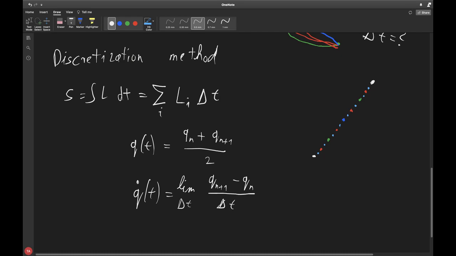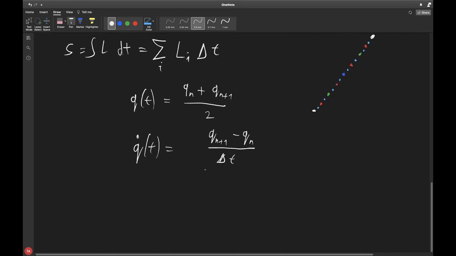That was the definition of a derivative. Now that we are discretizing, we will just say that I don't care about this limit part, and just this part will be my description of the derivative of the function.